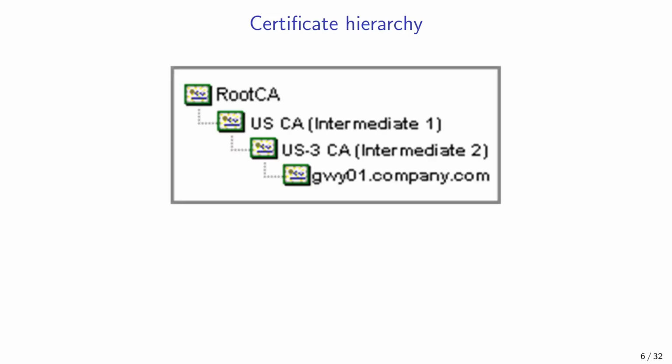Now, in practice, the certificate chain or hierarchy may look like this, where we have a root CA, which is self-signed, and we call it a trust anchor. This root CA may issue several intermediate CA certificates, which in turn can also issue intermediate CA certificates.